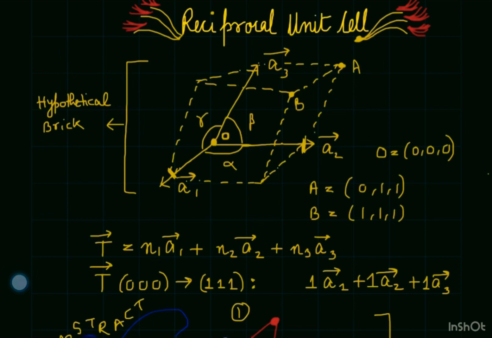Now, just like to build any building, we need a stack of identical bricks, right? So imagine that you have a brick and it is defined by three vectors: a1, a2 and a3, and there are three angles here: alpha, beta and gamma. Notice there's something important to note, that these angles need not be 90 degrees.